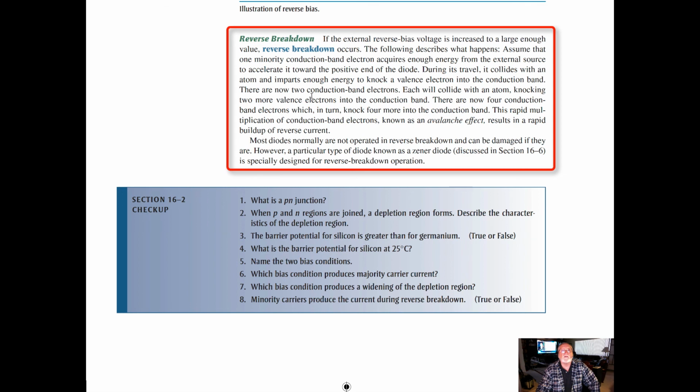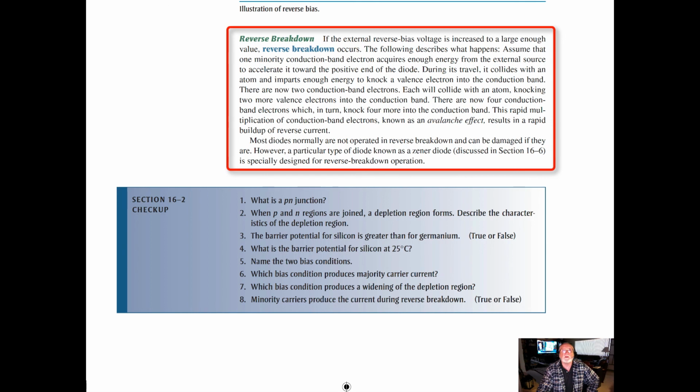There are now two conduction band electrons. Each will collide with an atom, knocking two more valence electrons into the conduction band. There are now four conduction electrons, which in turn knock four more into the conduction band. This rapid multiplication of conduction band electrons, known as the avalanche effect, results in a rapid buildup of reverse current.